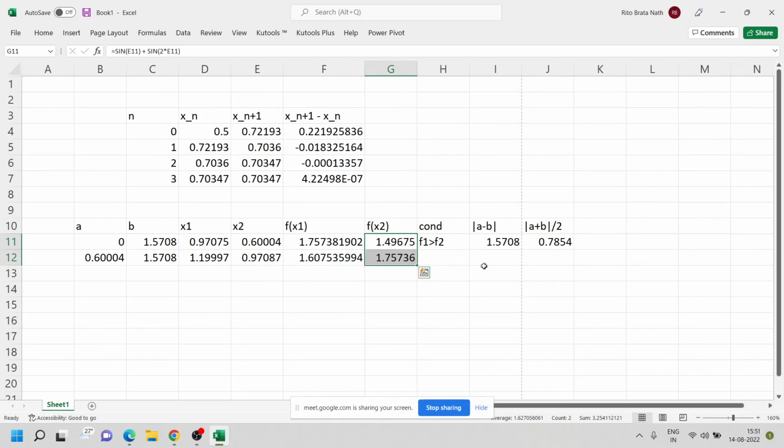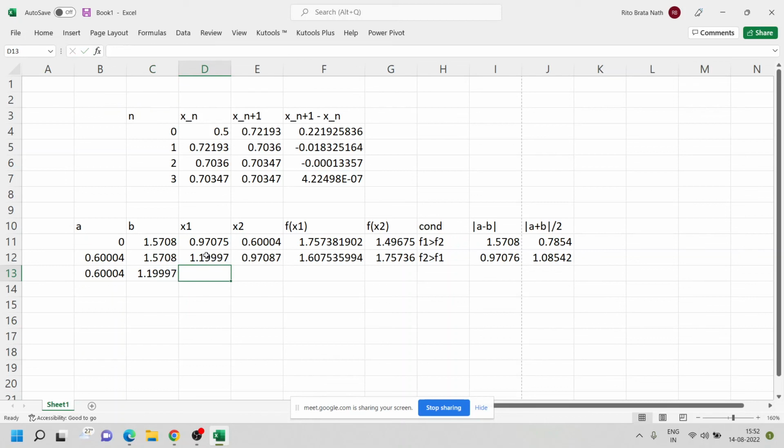Now you have a different condition, F2 greater than F1. This again you can drag and calculate. Since this condition has reversed now, this A will remain unchanged, and you have to adjust your B to this X1 value. So it will be around 1.1997.